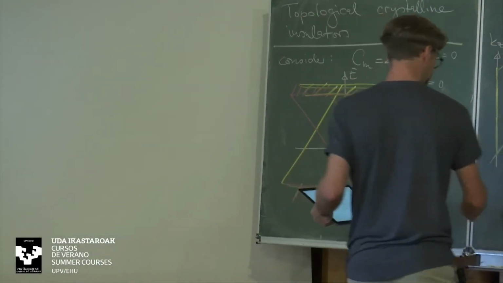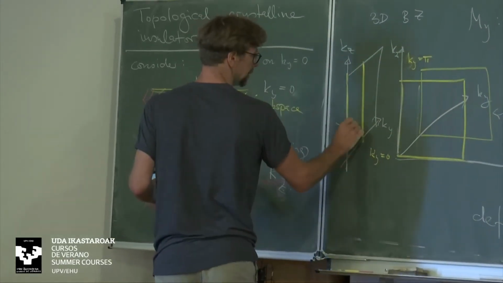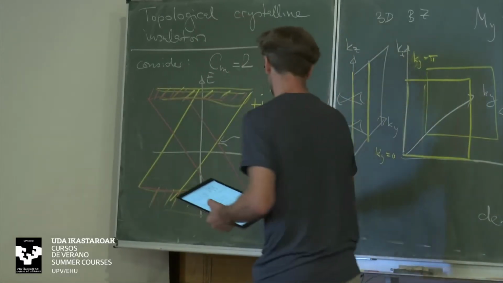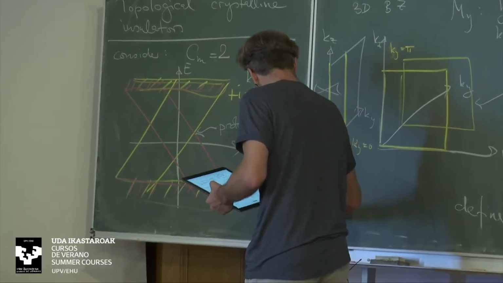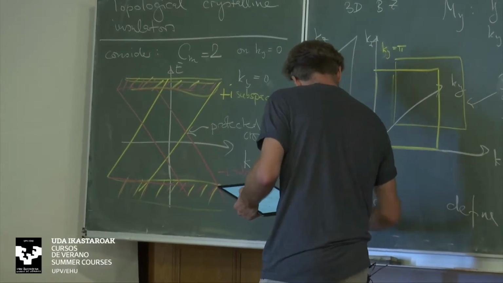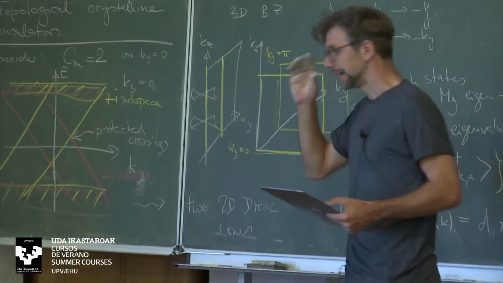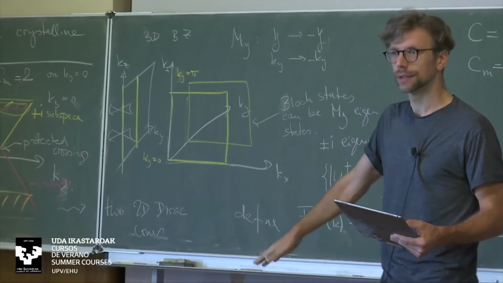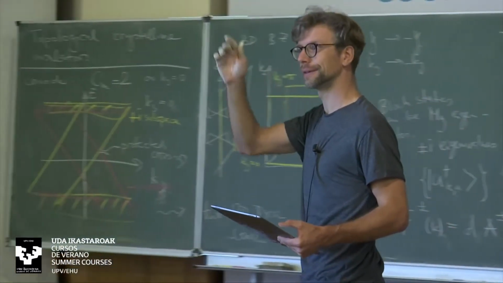If you extend it to the full 2D Brillouin zone, you would basically get a Dirac cone here and another Dirac cone here, yeah? So these are two 2D Dirac cones. Okay? And so you see that this mirror Chern number in the bulk tells you how many Dirac cones you have on the surface. They're protected by mirror symmetry.